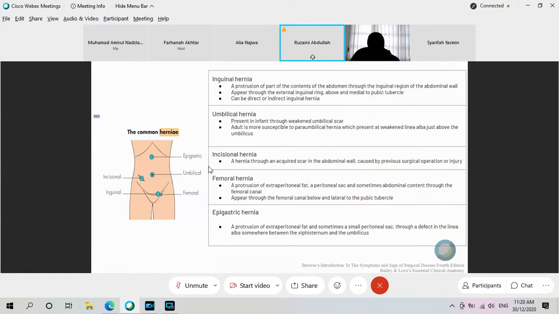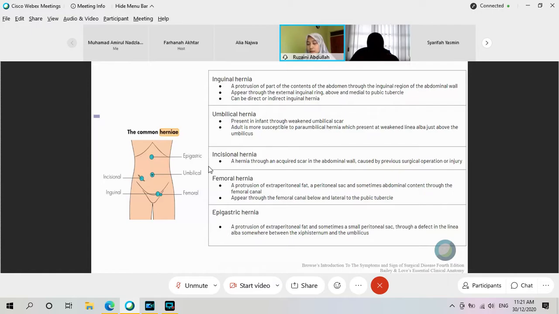For incisional hernia, it is a hernia through an acquired scar in the abdominal wall, caused by a previous surgical operation or injury, for example the appendectomy scar. And femoral hernia is a protrusion of extraperitoneal peritoneal sac, and sometimes abdominal content, through the femoral canal.